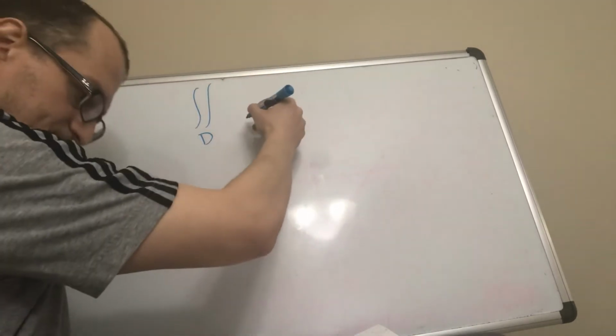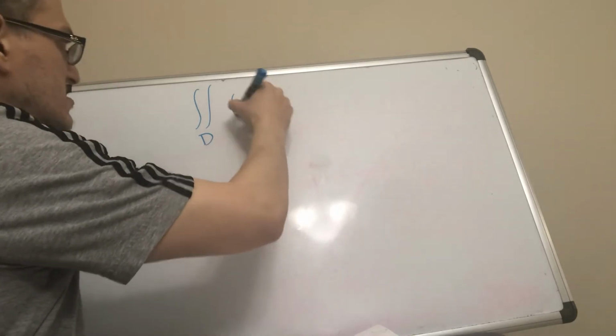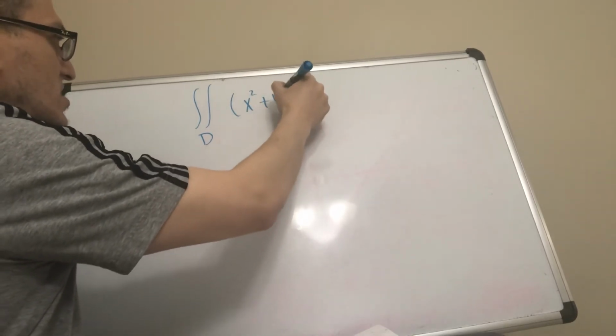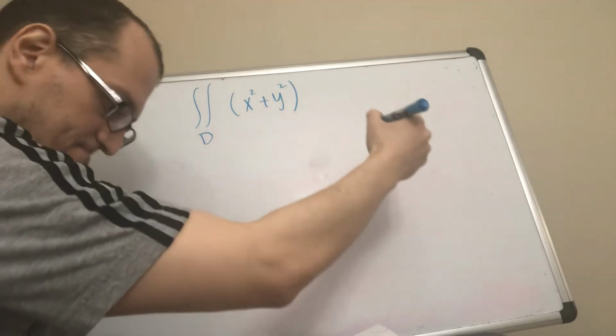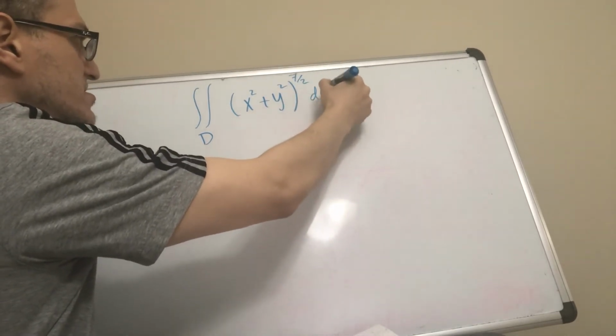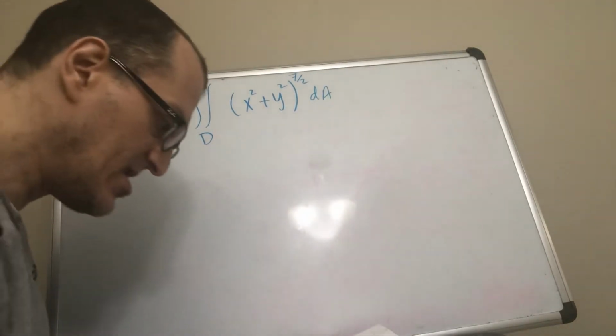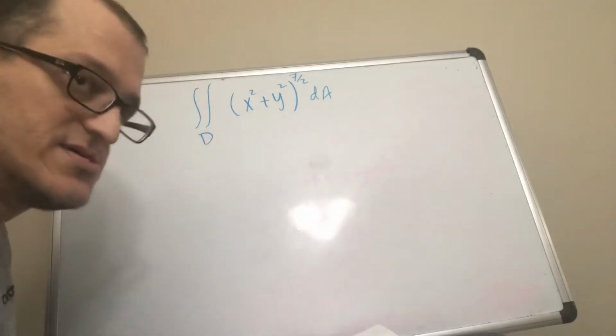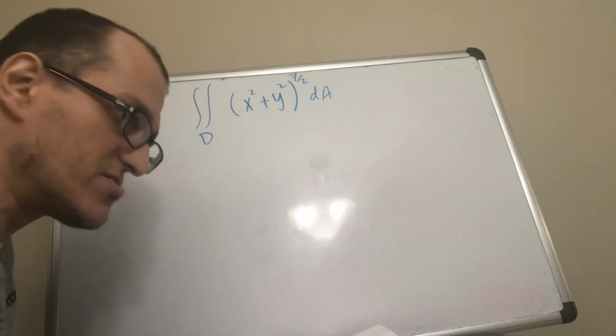The integral of (x squared plus y squared) to the 7 over 2 dA, where D is the unit circle.